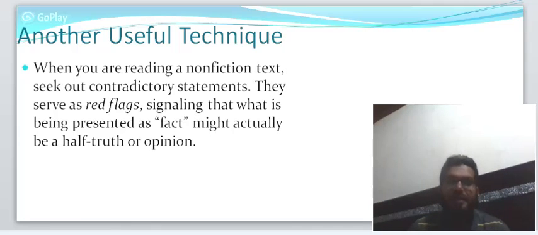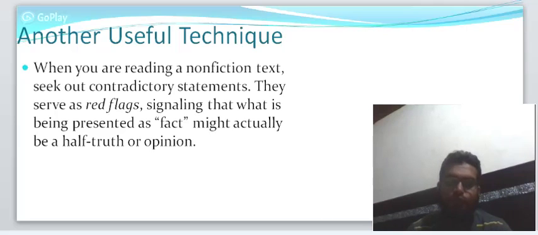So the writer, not having substantial evidence to back up his claim, is just trying to manipulate the understanding of the reader by presenting an argument as fact that is actually not a fact.